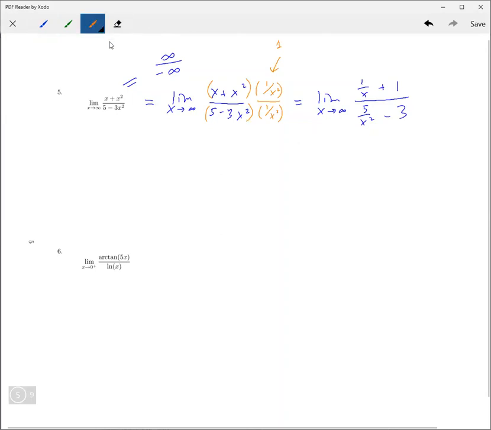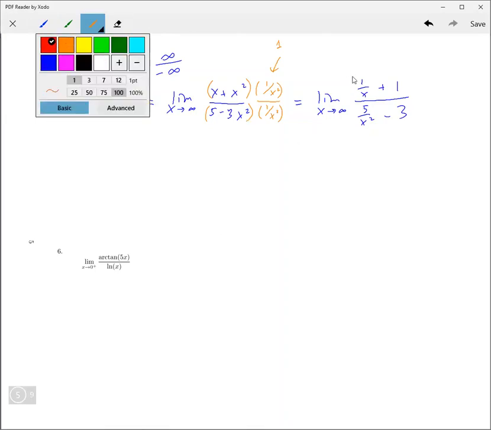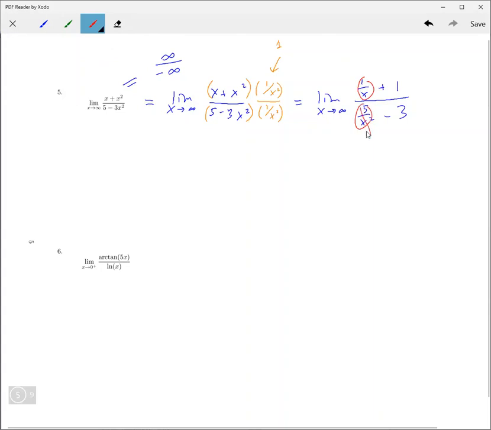As x goes to infinity, these terms both go to 0, and you end up with negative 1/3, which is the answer.